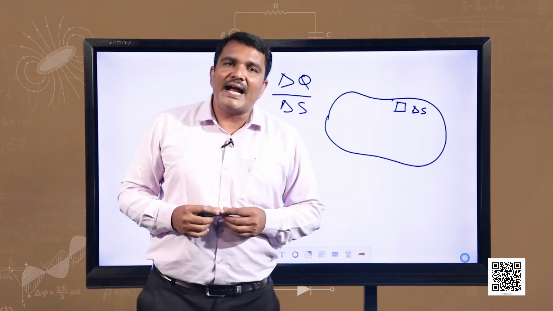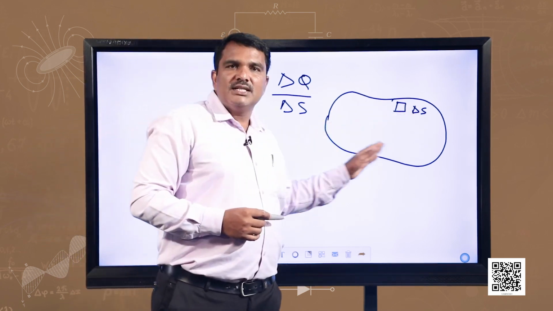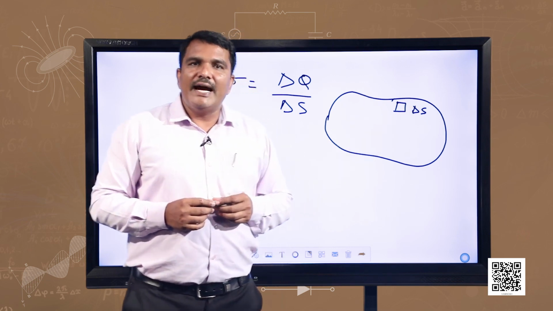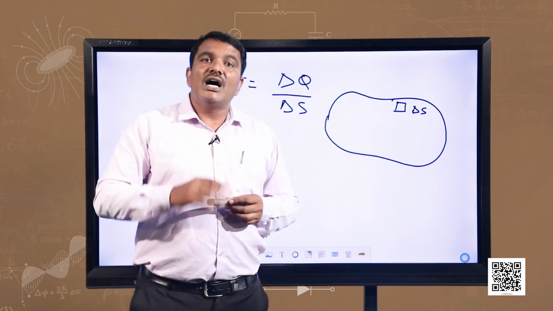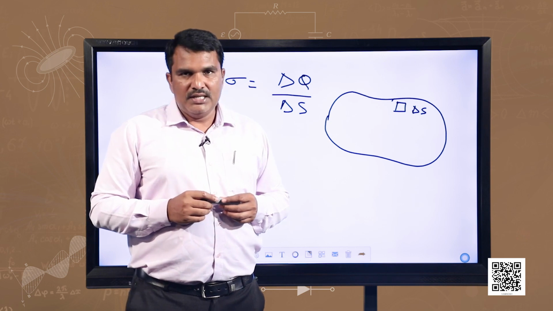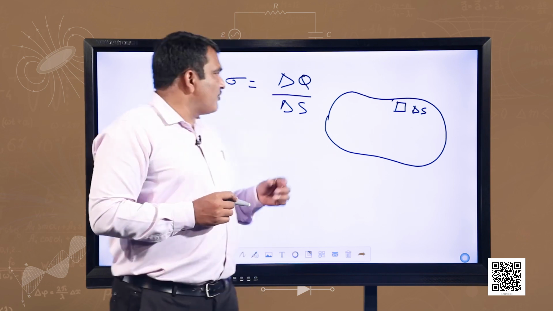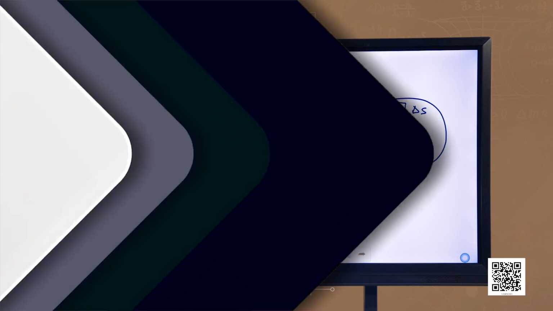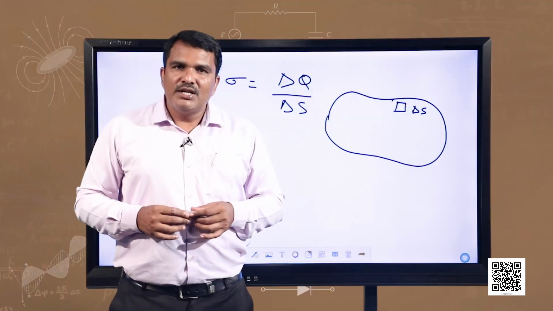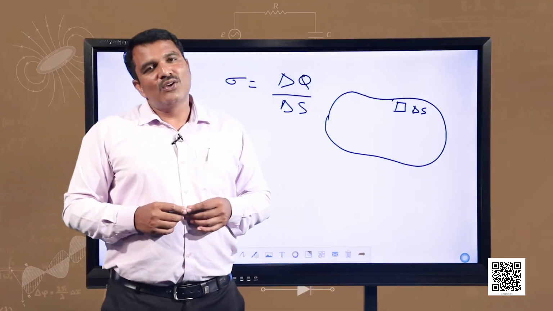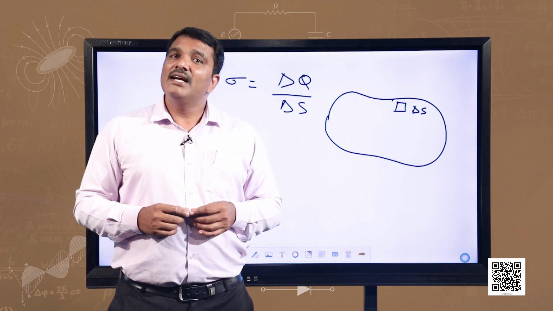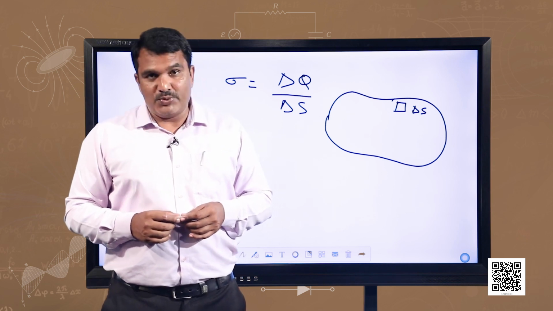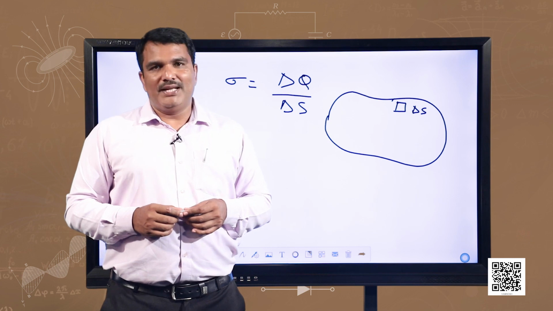We can do this at different points on the surface of this conductor, and in this way we arrive at a continuous function sigma called the surface charge density. The surface charge density sigma so defined ignores the quantization of charge and the discontinuity in charge distribution at the microscopic level.